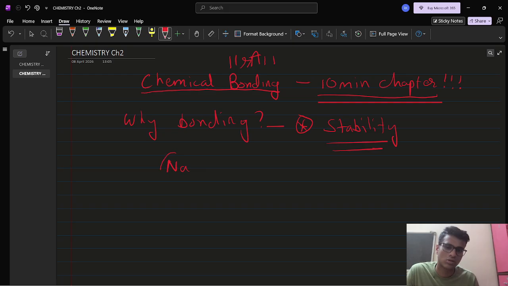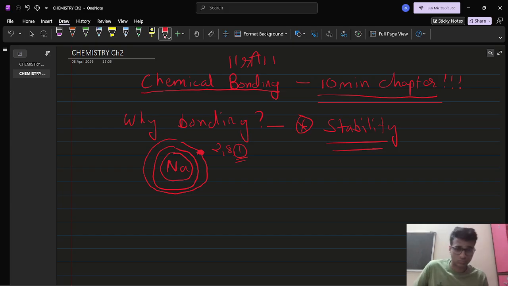This is the first shell, this is the second shell, this is the third shell. I hope you know configuration of sodium is 2 8 1. So this one electron is valence electron. Here I'm showing it here. So this electron is alone here.